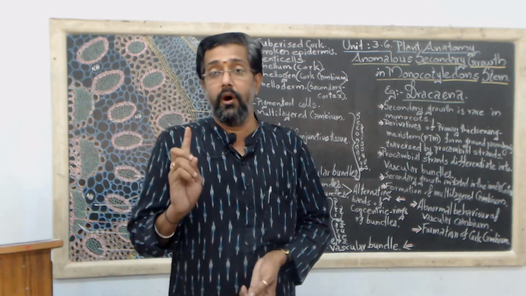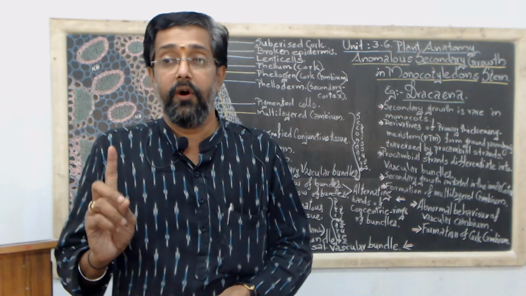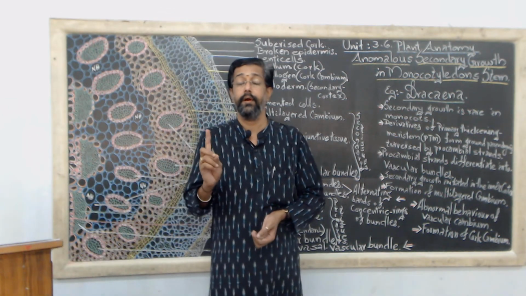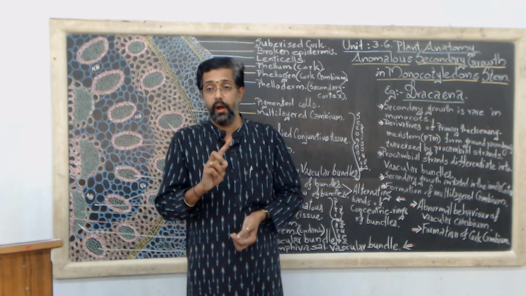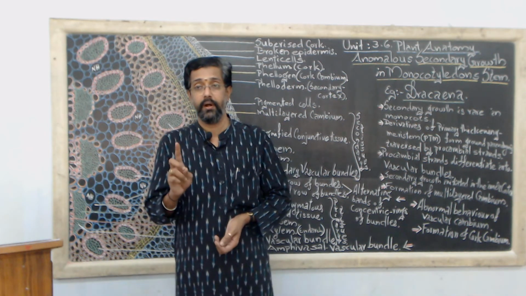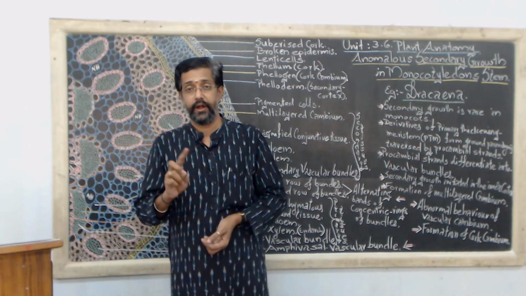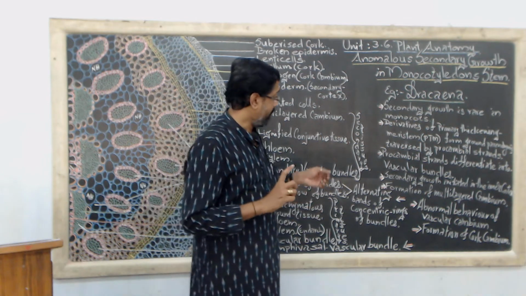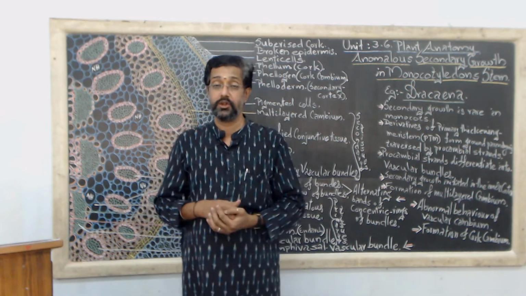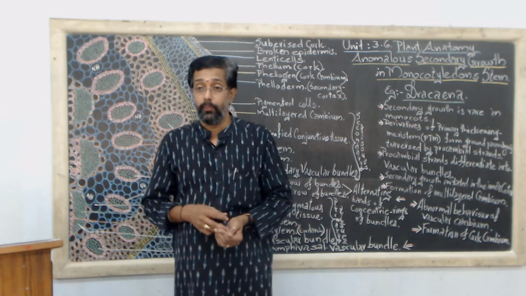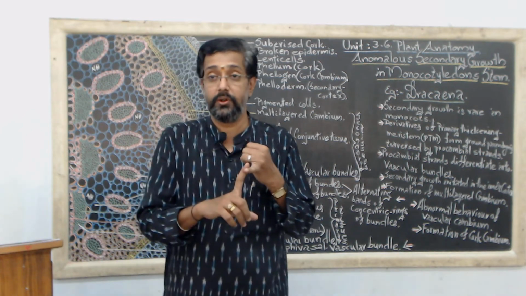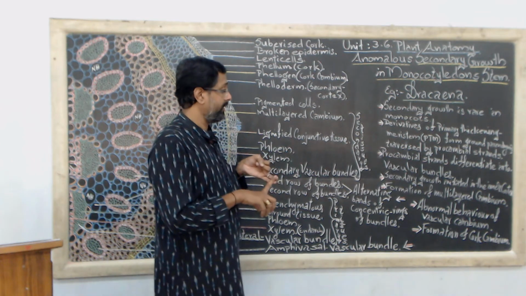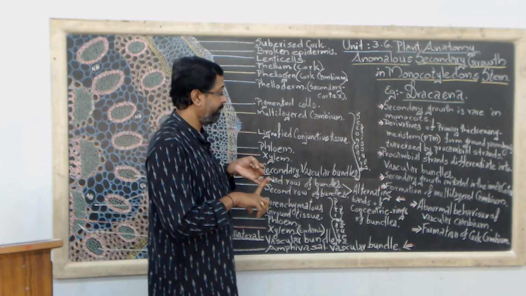First, the normal bundles formed in the primary structure, distributed in the ground tissue, and outer to these primary bundles, the second or third rows of vascular bundles derived from the primary thickening meristem in the ground parenchyma.